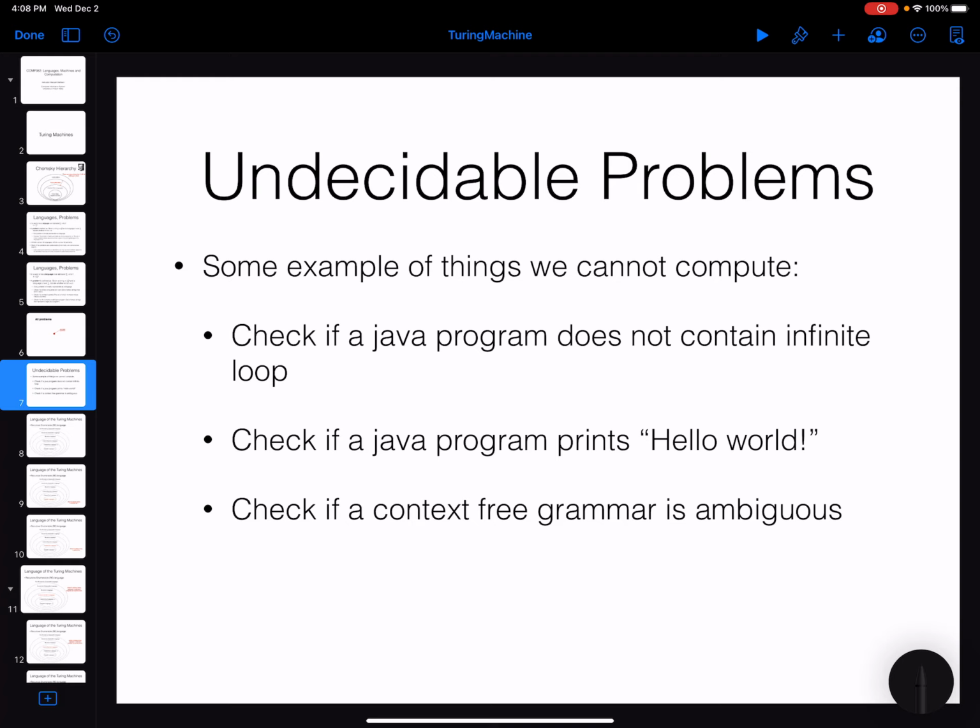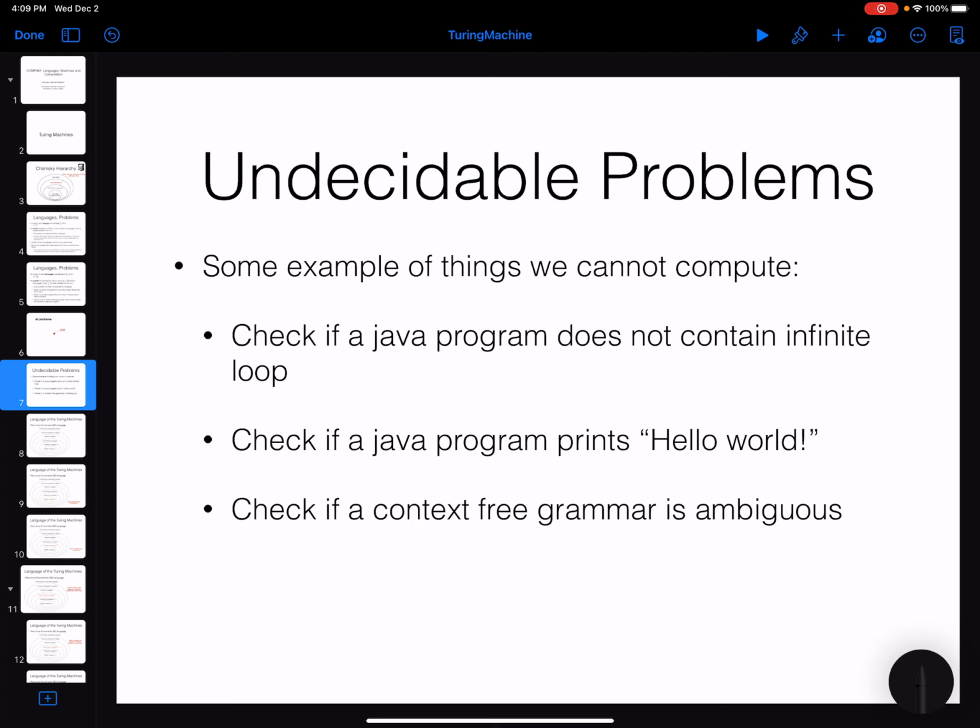It is not possible to write such a program. If we could, that would be very interesting and useful. You could have much smarter compilers. Basically, you could add it as a part of your compiler, and it avoids many semantic errors for us as well. But unfortunately, it's not possible to write such a program.